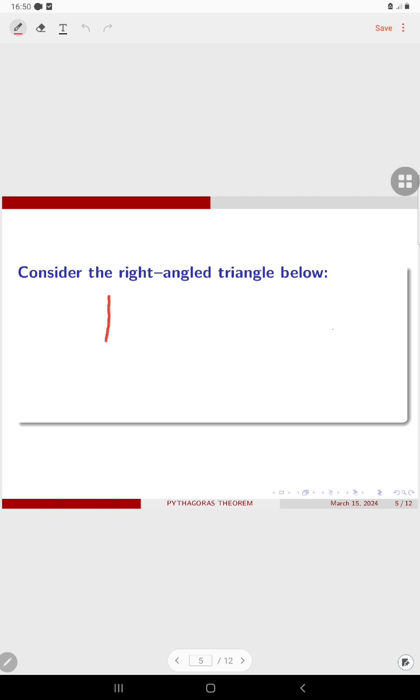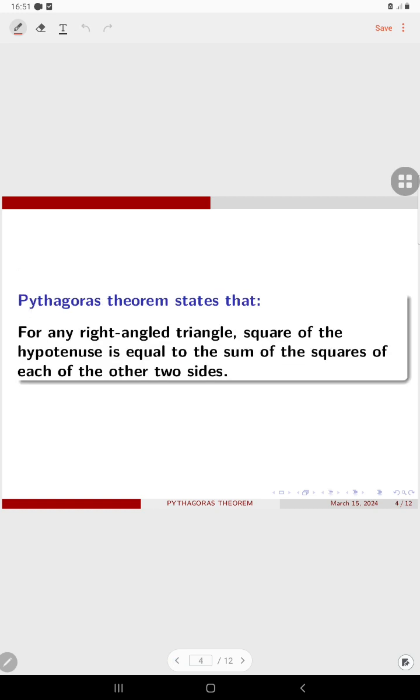Let's consider this right angle triangle. Let me call here A, let me call here B, let me call here C. Then if I want to apply the theorem, what is the theorem saying? It's saying that the square of the hypotenuse.